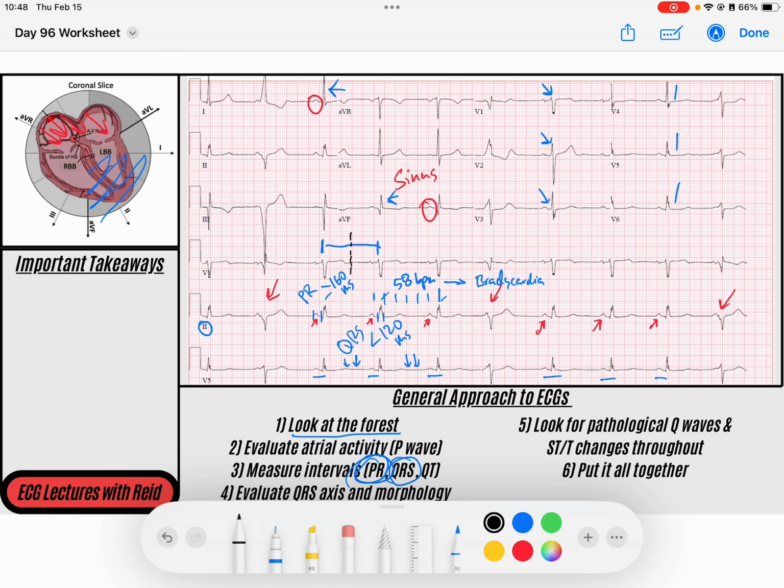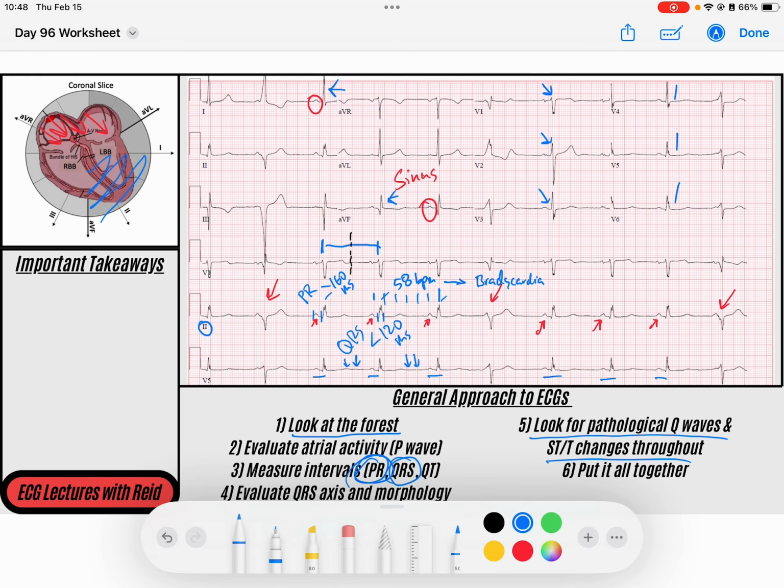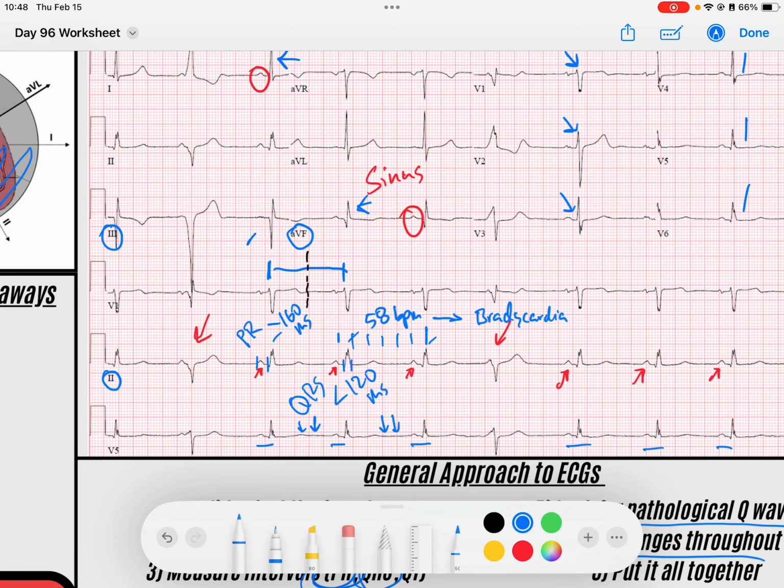The last thing I'll do with this rhythm is look for pathological Q waves and ST and T wave changes throughout. First, I don't see any ST elevations or depressions that make me think of acute ischemia or infarction. But if you look here in the inferior leads, really leads 3 and AVF, you can see these pathological Q waves, these deep Q waves here, that deep Q wave. And in AVF, you can see a little Q wave there.